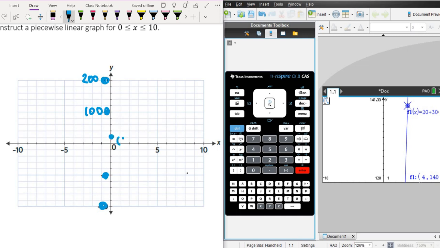So this is our new point, 0, 20. And then we got 1, 2, 3, 4 and 140 right here. So we got 4, 140. And we're not actually including this point. So this is our graph for the first part.